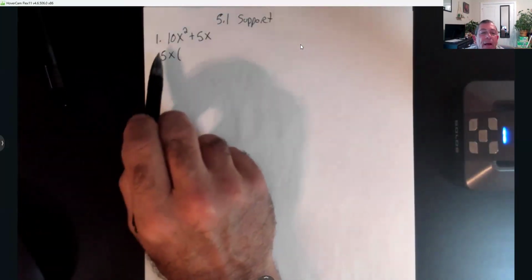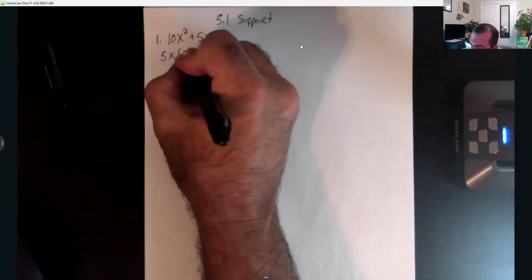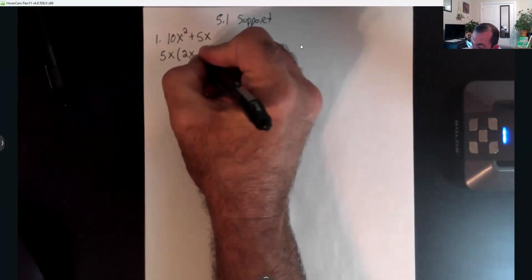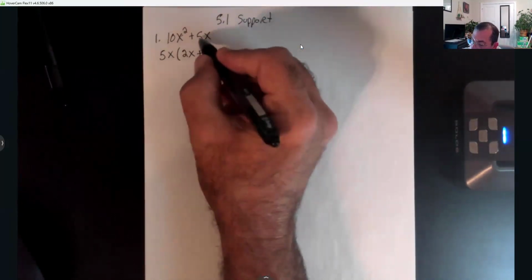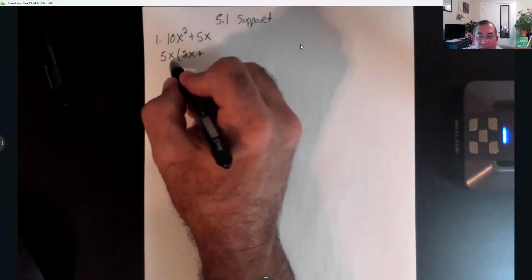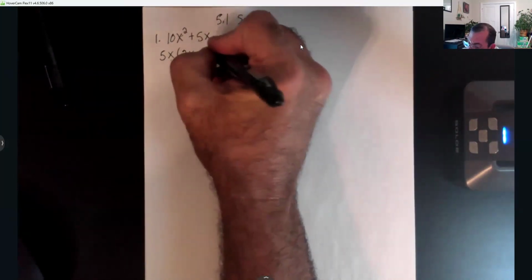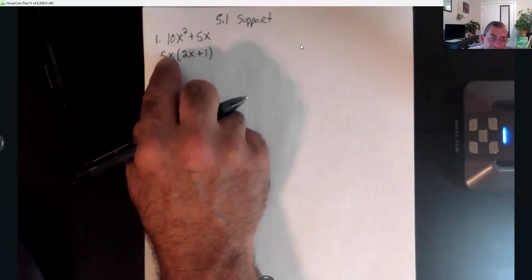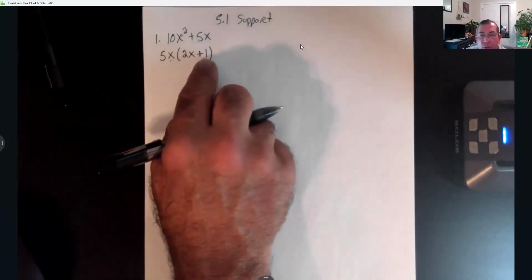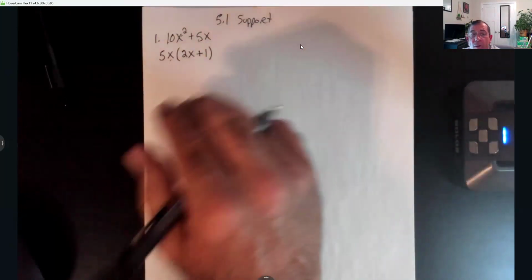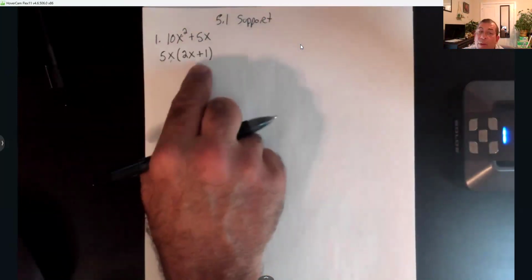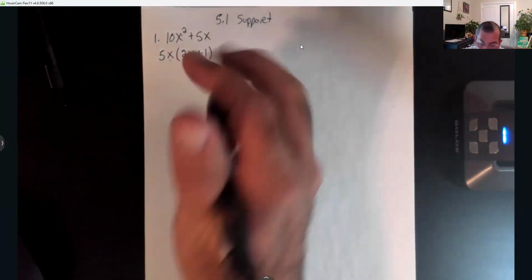All right, so 10 divided by 5 is 2. x squared divided by x is an x. And then it's plus 5x divided by 5x is 1. So now if I had to solve this, I would set 5x equal to 0, 2x plus 1 equal to 0, and get my solutions, okay? But y'all, all they wanted me to do is factor in this class, okay?